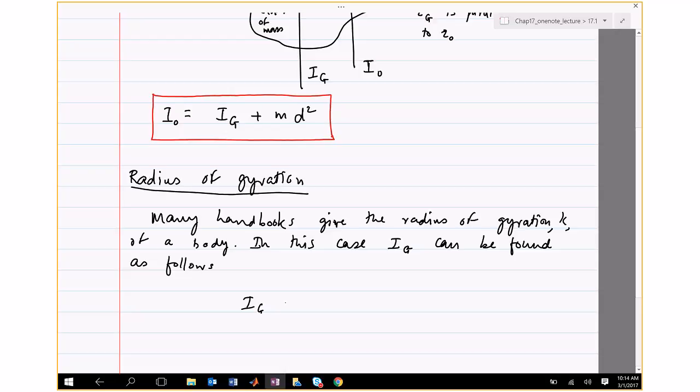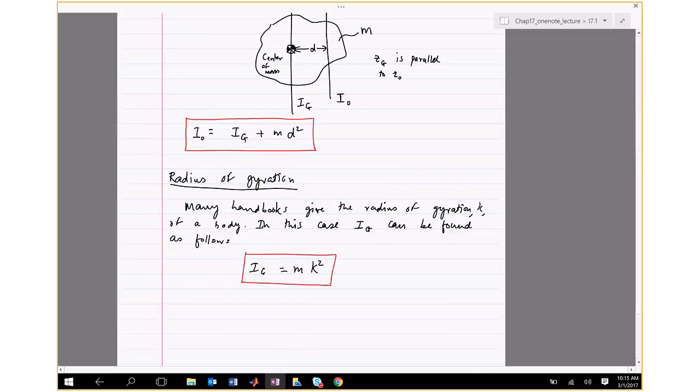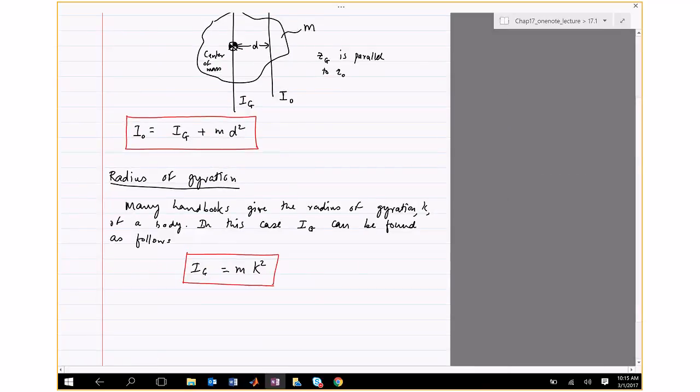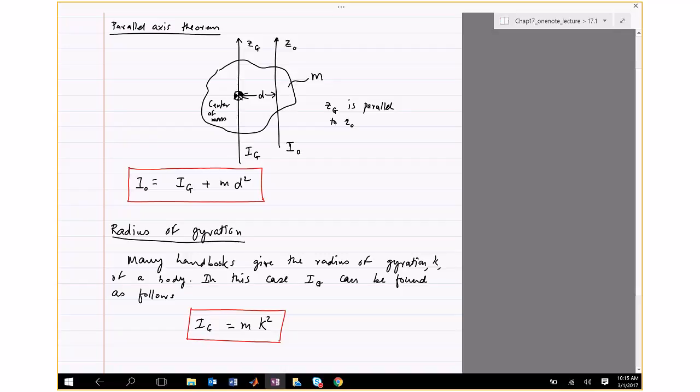It's simply mass times the radius of gyration k squared. So what they have done effectively is thought of the body as a ring with all the mass distributed at a radius of k, and the inertia of a ring is mass times r squared. So in this case r is k, and so that's the inertia. Okay, is that clear?